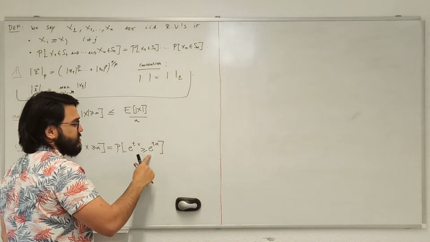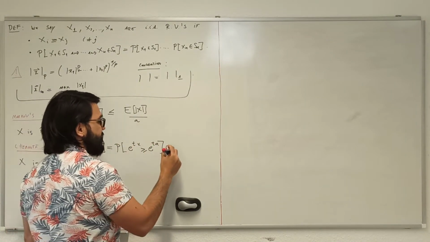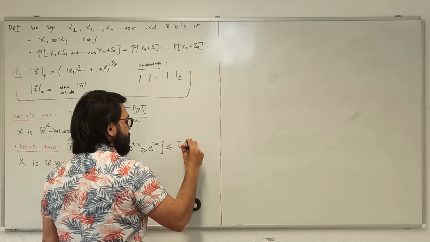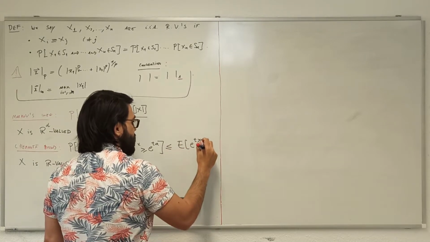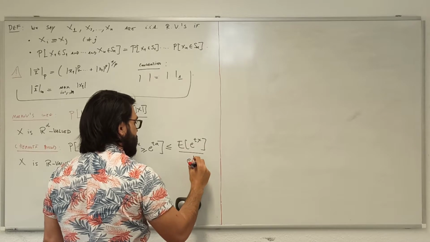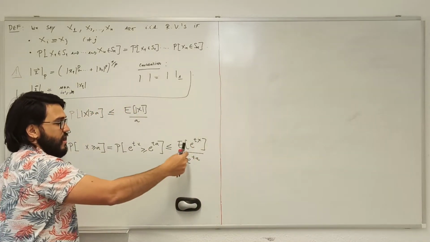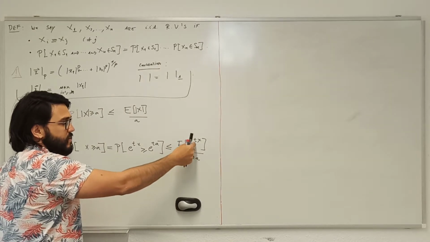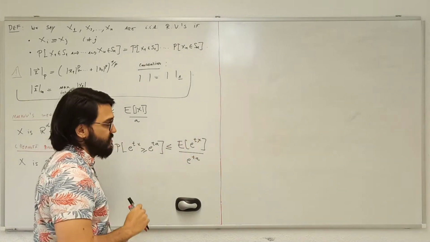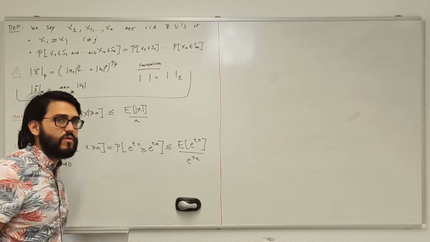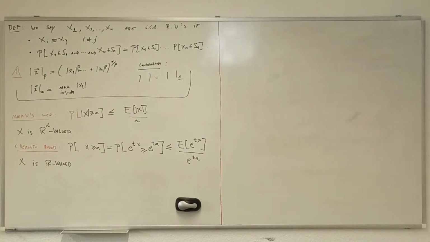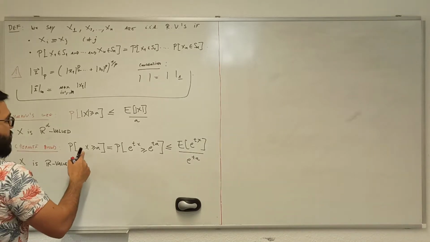Now these are two positive things, and we can apply the Markov bound here. The idea is that maybe you get a better bound if we choose a parameter t which is nice, so you produce something which is small on the right hand side.